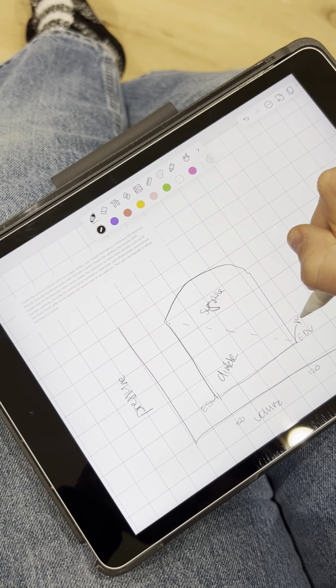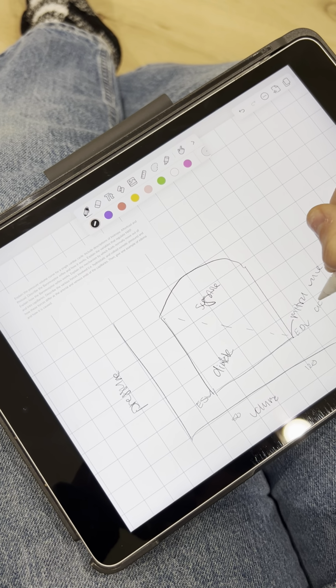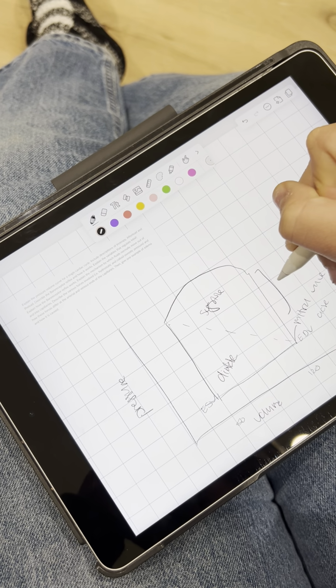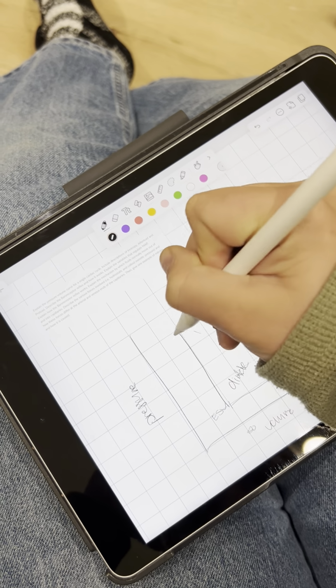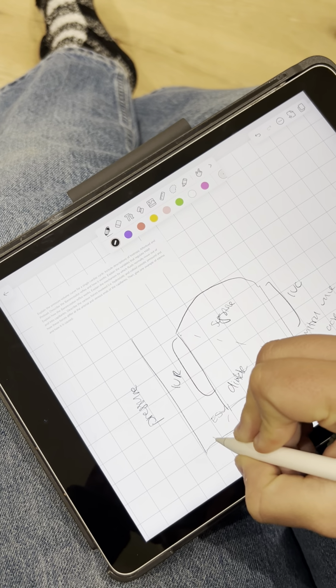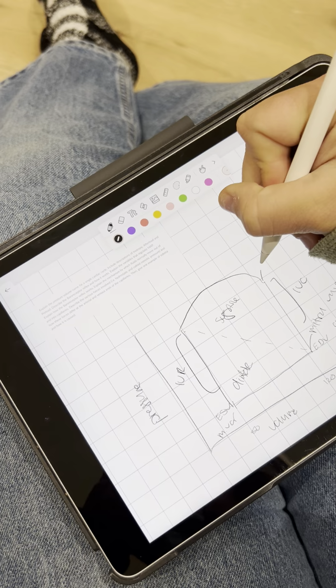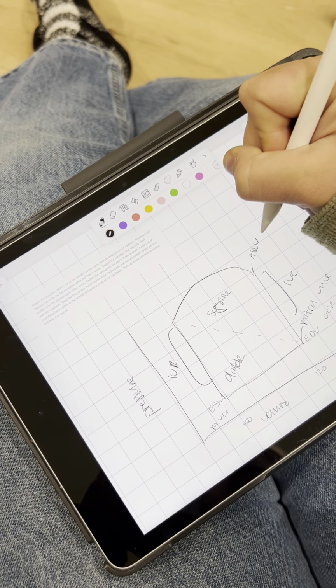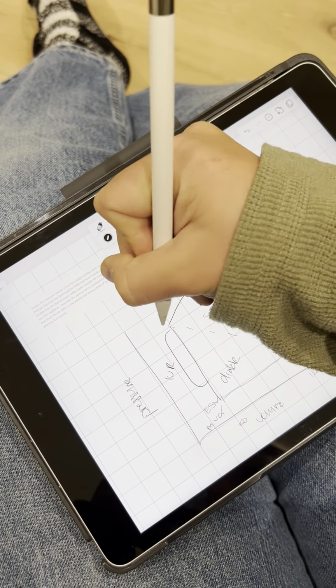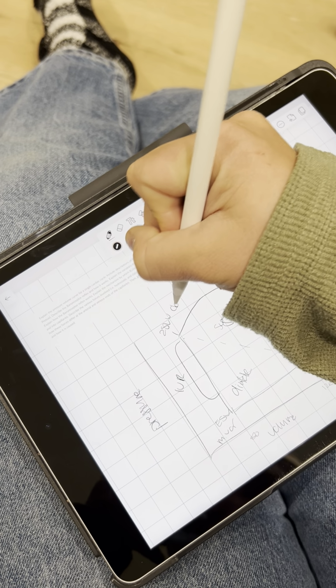This is when the mitral valve will close. This is known as your isovolumic contraction. This is your isovolumic relaxation. Right here, your mitral valve will open. Right here, your aortic semilunar valve is going to open. And over here, your aortic semilunar valve is going to close.